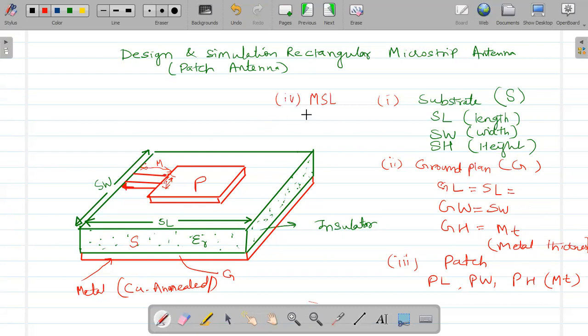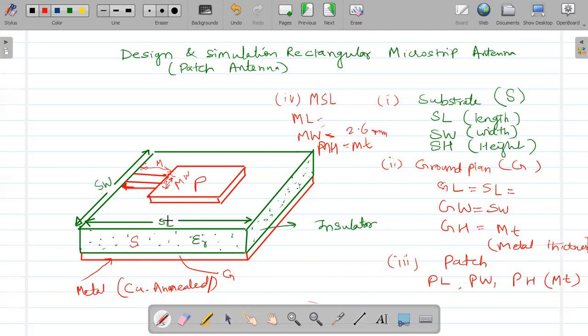For that, the brick length will be ML, the width will be MW, and MH will be the thickness. You saw it is also metallic, so we want to make it of the same thing. So MH is equal to MT, meaning the same metal thickness. MW is the width, and we want 2.6 mm, so MW will be 2.6.